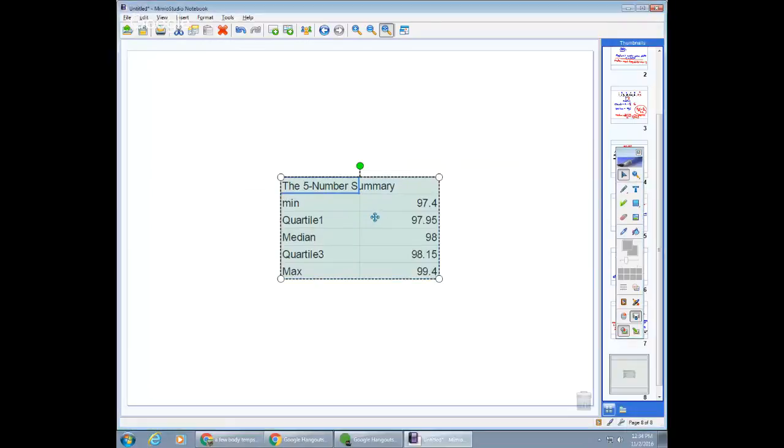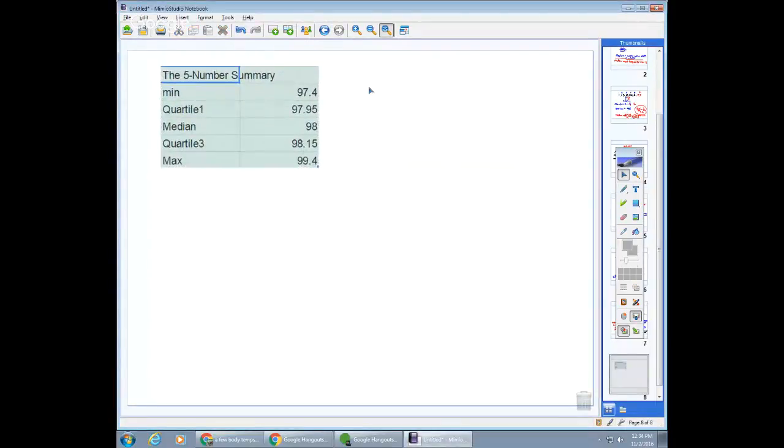So to draw a picture of the 5-number summary, what you do is you draw a number line, and then you mark the numbers off on the number line, but placed right. You got to place them in the right spot. You can't just throw them wherever you want. So I'm going to make a number line here. And let's see, my numbers range from 97.4 to 99.4.